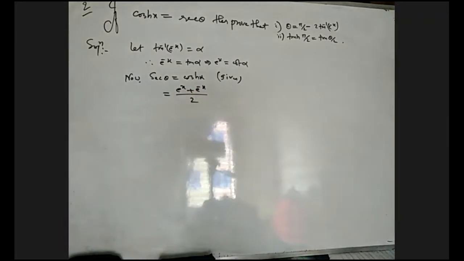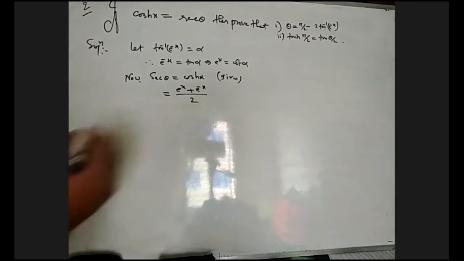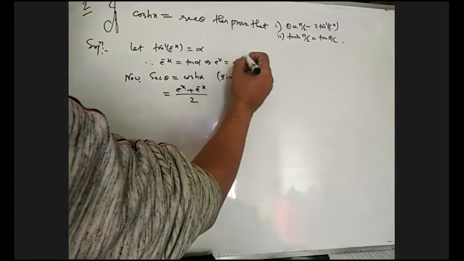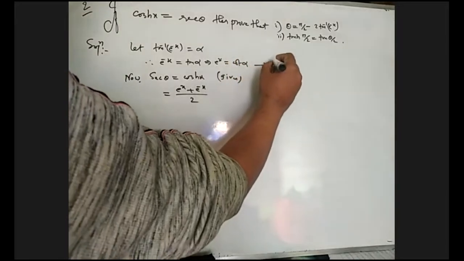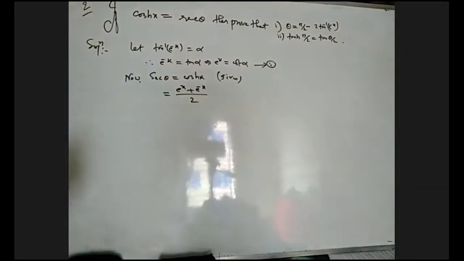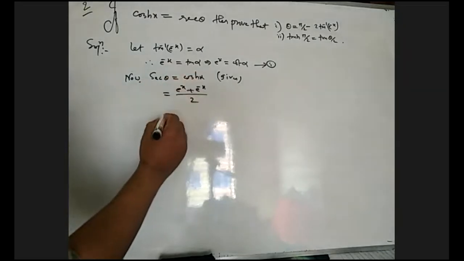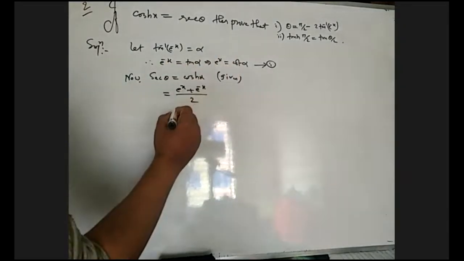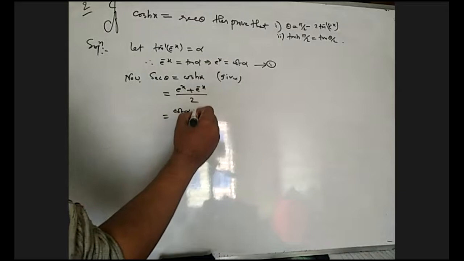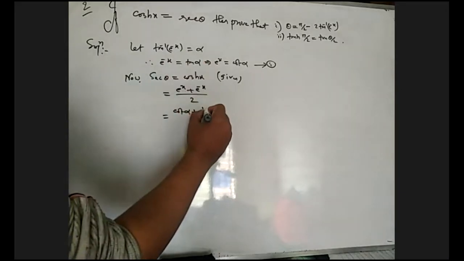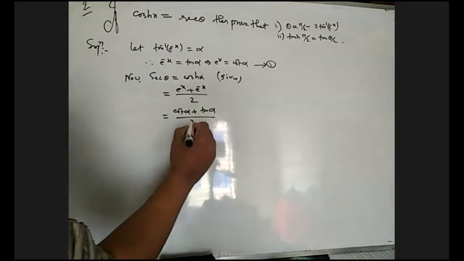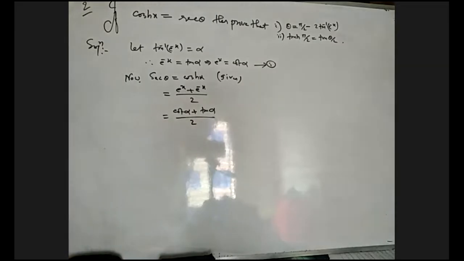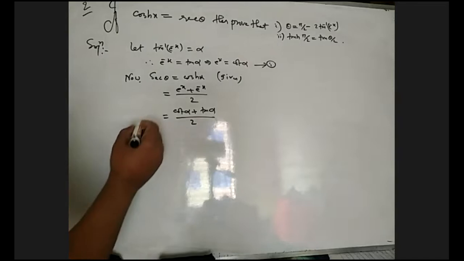This is the exponential form of the hyperbolic function. So this is equation number 1. From equation 1, just putting these values: e to the power x equals cot alpha, and e to the minus x equals tan alpha, divided by 2. This is the sec theta.